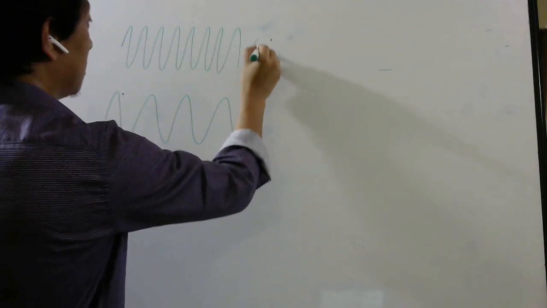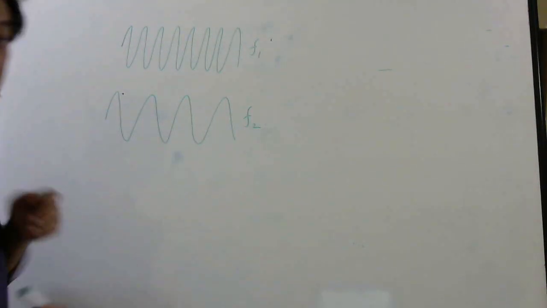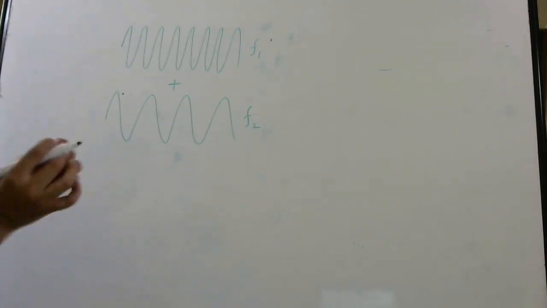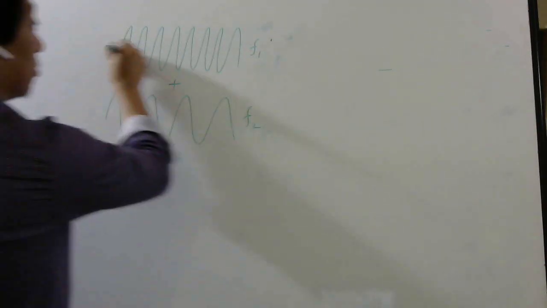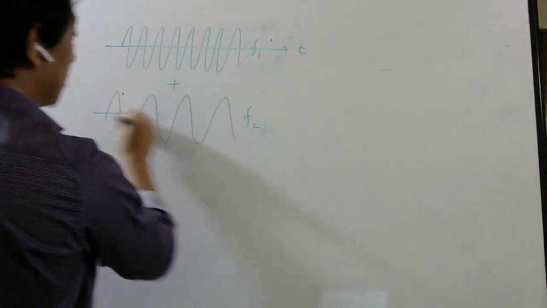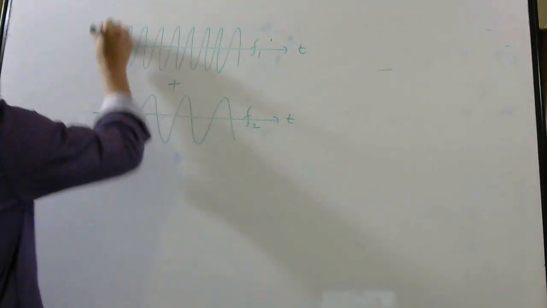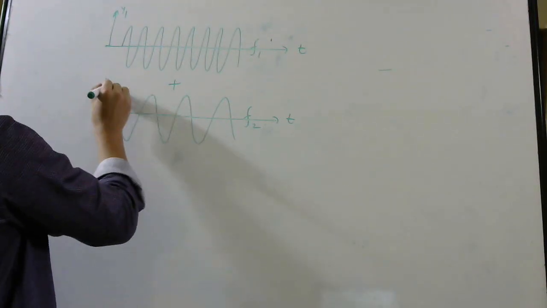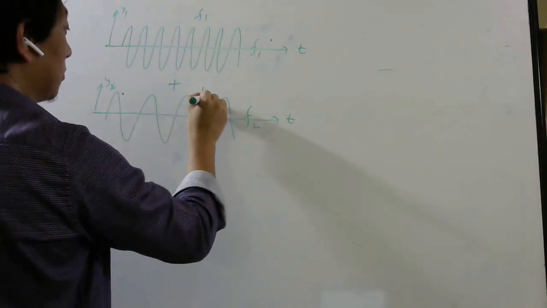This frequency is F1, this frequency is F2. When these two sounds overlap at a given point, with time, this is how the displacement produced by the two waves, y1 and y2, changes. So this has frequency F1, this has frequency F2.